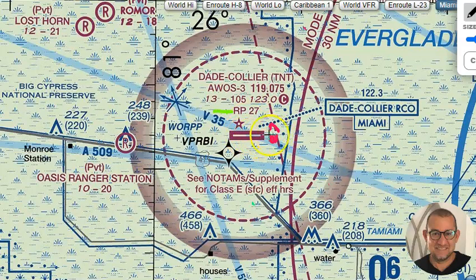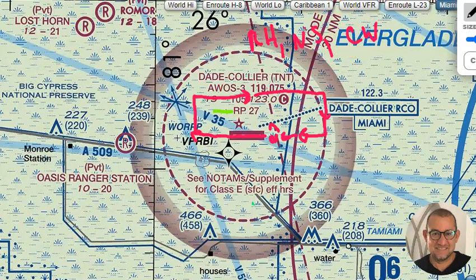If I'm landing in this direction, runway 27, and I want to do a touch and go and stay in the pattern, now you're making right-hand turns, which you'll hear called non-standard. Right-hand turns are non-standard, or you'll hear clockwise. You'll also see that.